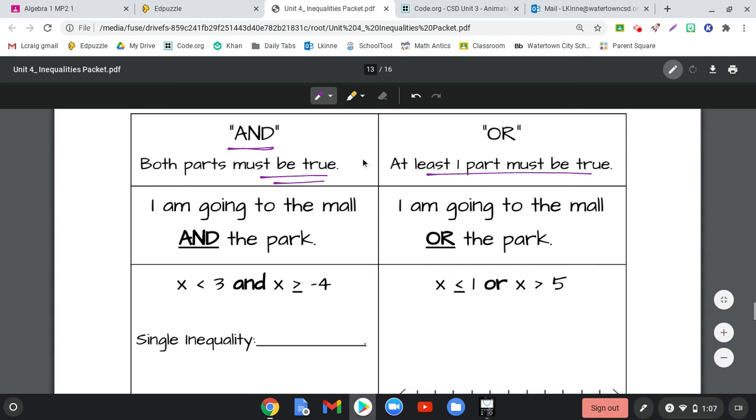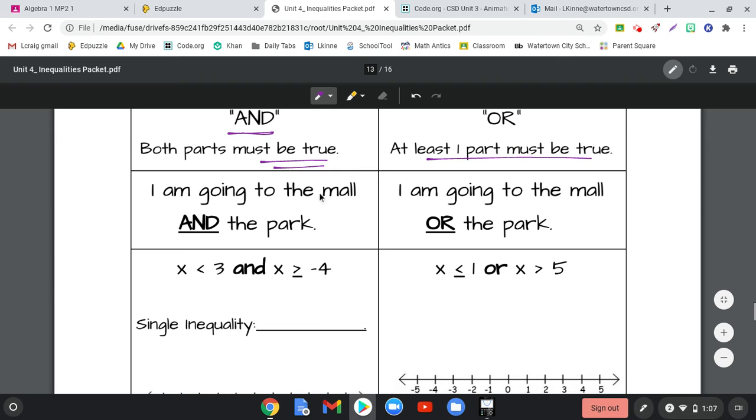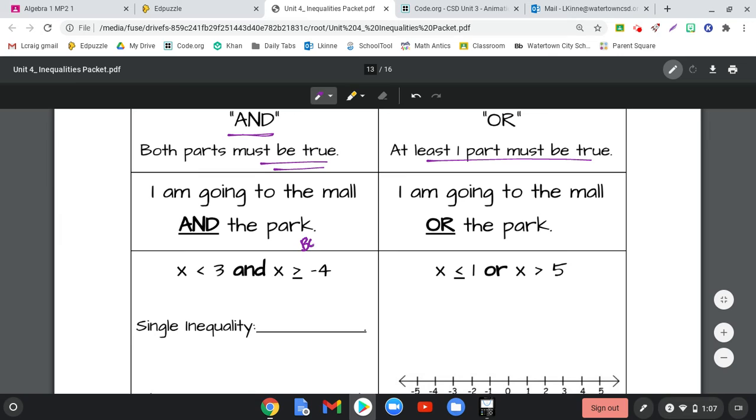So let's think about this in terms of a real life situation you can relate to. If I say I'm going to the mall and the park, that means I'm going to both places, assuming I'm not lying. If I say I'm going to the mall or the park, that means I'm going to one or the other.